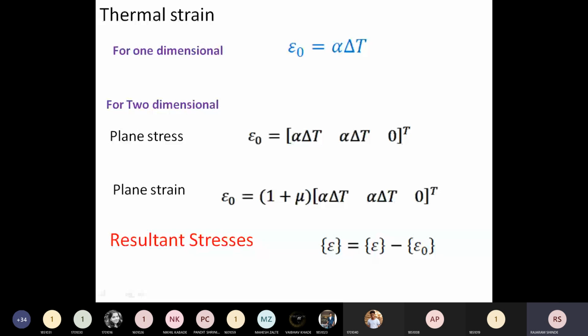This is your total strain, and this is your initial strain, and resultant strain is when we subtract the initial strain from the total strain. Okay, now therefore your stress relation will be changed. Stress becomes sigma is equal to D into epsilon minus epsilon 0. Okay, now this we have seen at the time of last lecture.